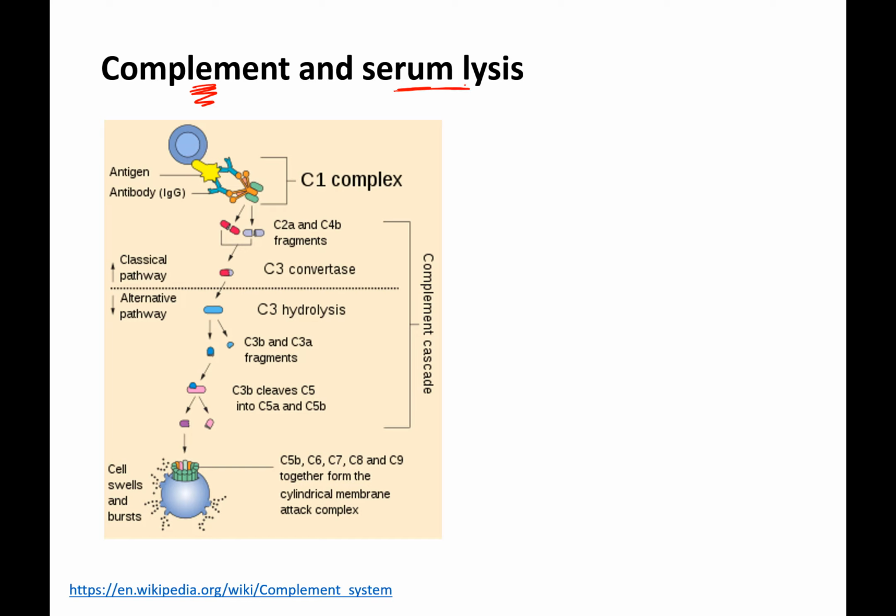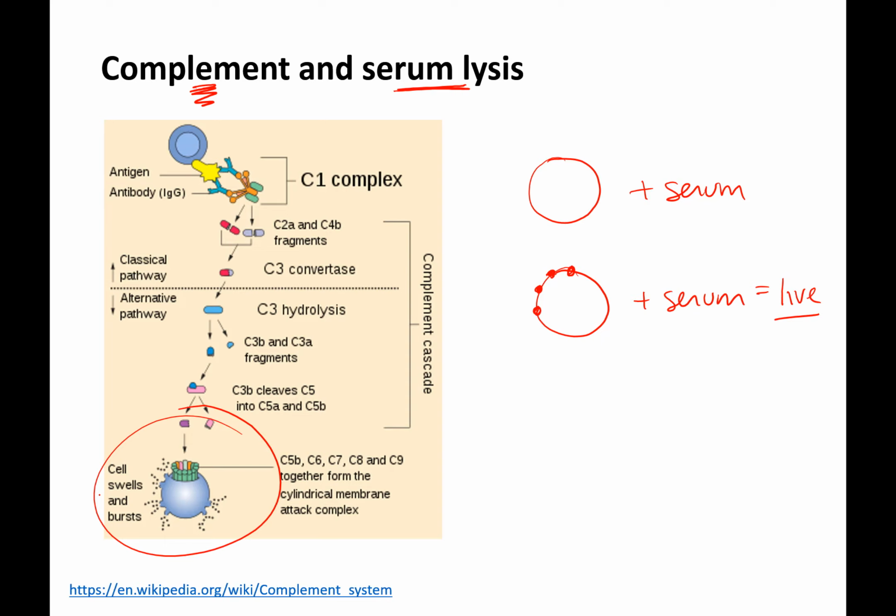The serum lysis is, remember that in your serum, you have components of the complement system. So they can take a cell, right, and add serum to it. And what they're going to try to show is that when the amoeba takes part of the host cell, it protects it from lysis by complement.